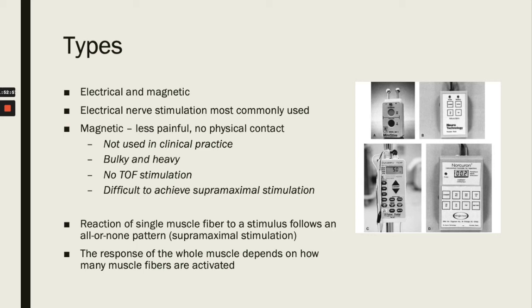With electrical nerve stimulation, we sometimes have to use monitors. The monitors provide stimulation and measure the evoked muscle response. The big thing about monitors is that they can do both.